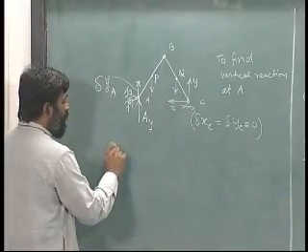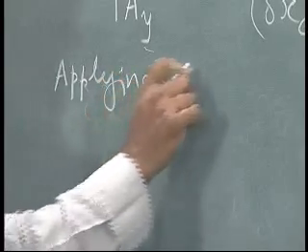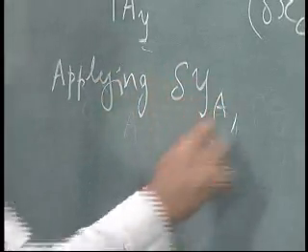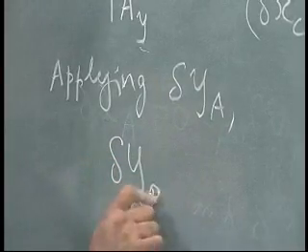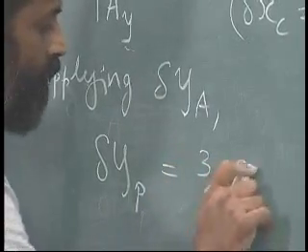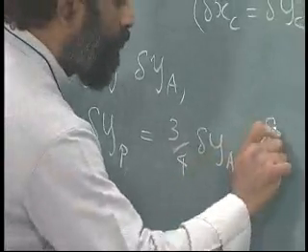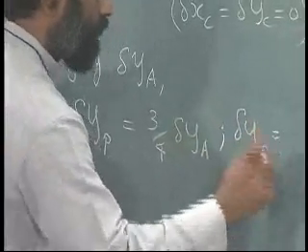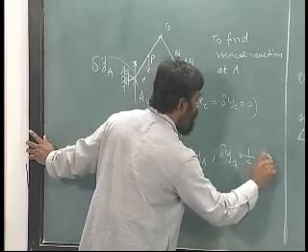We got delta yp equal to 3 by 4 delta ya and delta yq equals 1 by 4 delta ya.